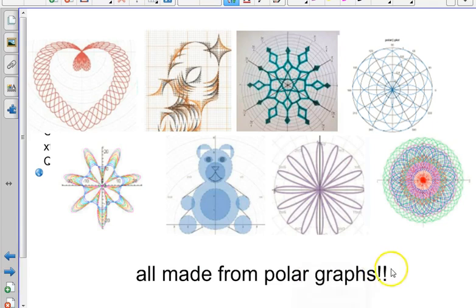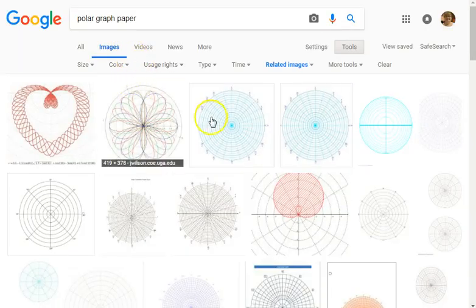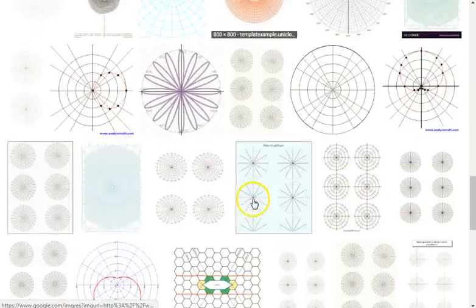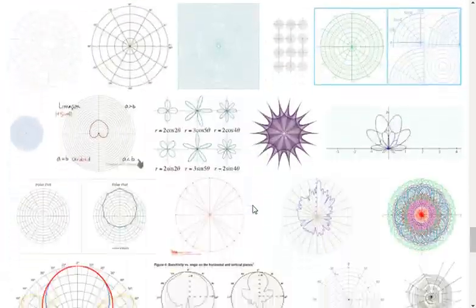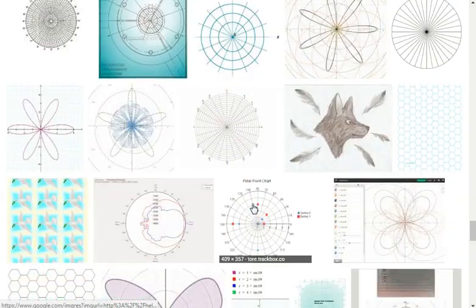Look what I found to show you. These are all things done with polar graphs. Which is your favorite? I like this guy, or this one. Okay, all I did, guys, was I Googled polar graph paper, and I looked at all the cool things that were on here. Ooh, look at this.